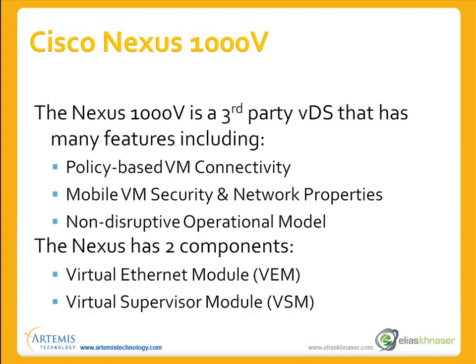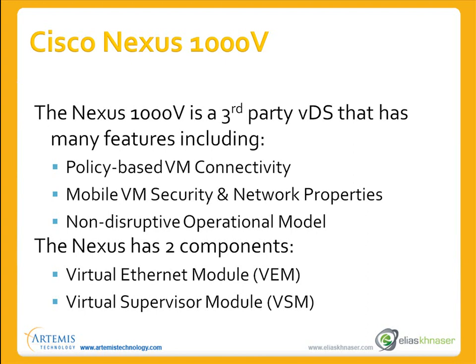All right, let's talk about the Cisco Nexus 1000V. Now, this has been so heavily advertised, and everyone's made such a big deal out of it because it's the first third-party virtual switch that you can install and use and configure from within vSphere.